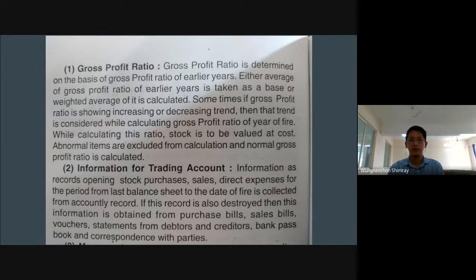Then if the balance sheet is destroyed in the fire, then you will have to look at the purchase bills, sales bills, vouchers, statements from debtors and creditors, bank passbook, and correspondence with parties. So you'll have to try to gather this information from either the balance sheet, or if the balance sheet is destroyed, then from these other sources.